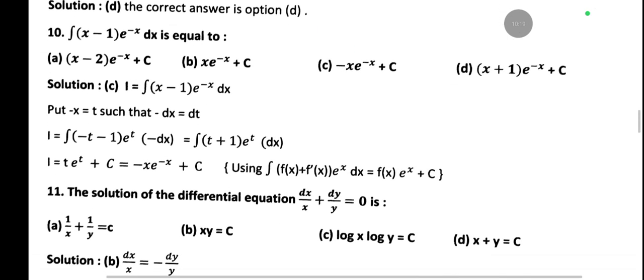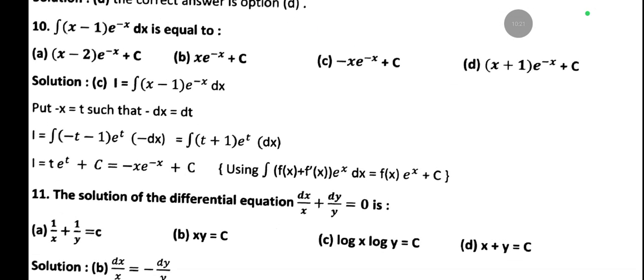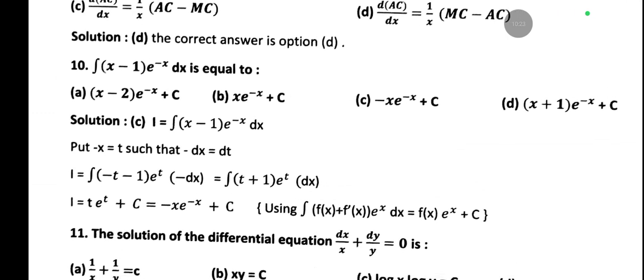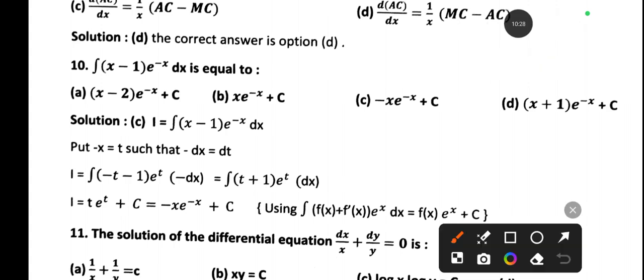Then going for the 10th one. When we are talking about the 10th one, it's easier only. What we want to do in the 10th one is the integral of (x minus 1) into e power minus x dx, children. We take minus x as t and differentiate, the substitution method.